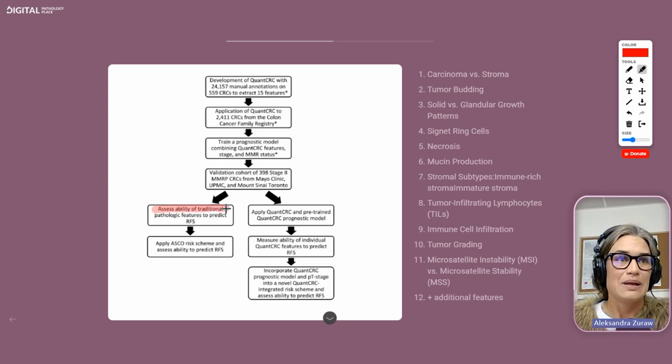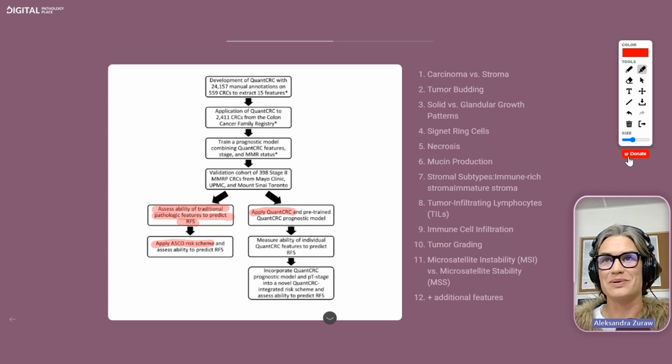They had a validation, and then they assessed the ability of traditional pathologic features to predict recurrence-free survival, and then they used the quant-CRC to do the same. They applied the ASCO risk scheme to predict, and here they did it with image analysis, and it worked. Thank you for this question.